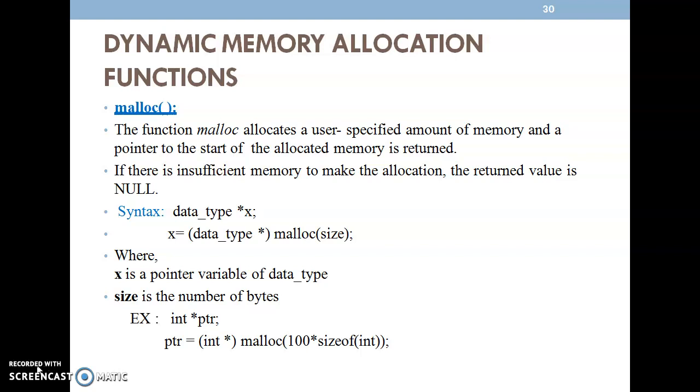So how to perform dynamic memory allocation? For that, we have four functions. One is malloc, second one is calloc, third one realloc, fourth one free. So what is this malloc? Malloc is the first function.